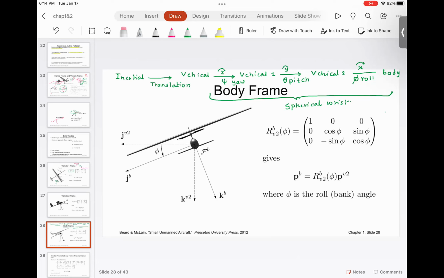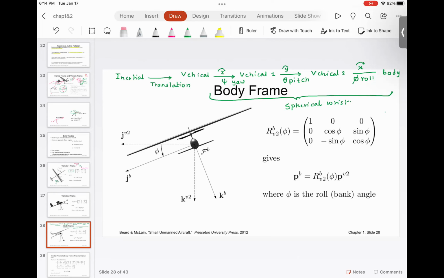This is exactly the same formulation as the spherical wrist, when you have 3 revolute joints that are perpendicular to each other. You can think of it as the first revolute joint indicating rotation about yaw, the second revolute joint indicating rotation about pitch, and the third revolute joint indicating rotation about roll.